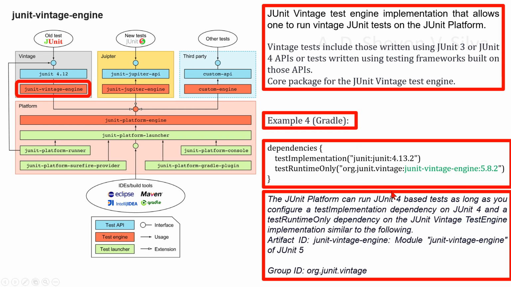Here you can see the artifact junit-vintage-engine. This is the module junit-vintage-engine of JUnit 5, in the group ID org.junit.vintage.